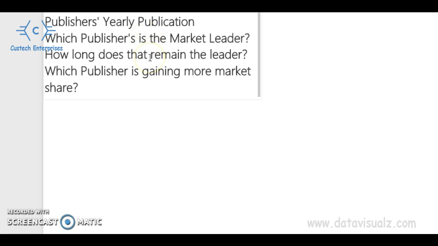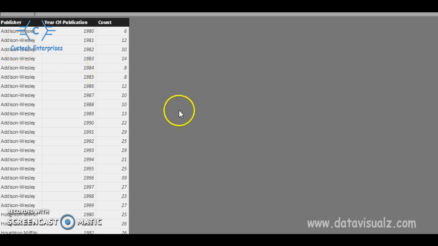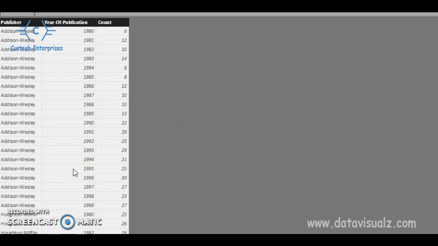How long does that publisher remain the leader? Which publisher is giving more publications and getting more market share in terms of number of publications yearly? So there could be multiple things. At the moment, you can see here, this is just the data and you are not getting any information from it.